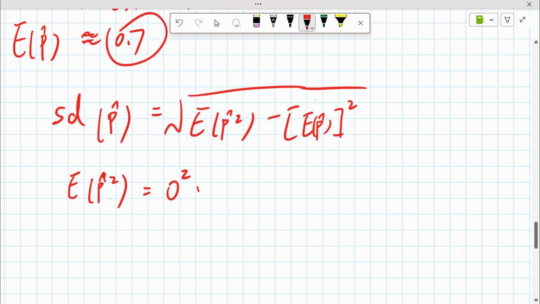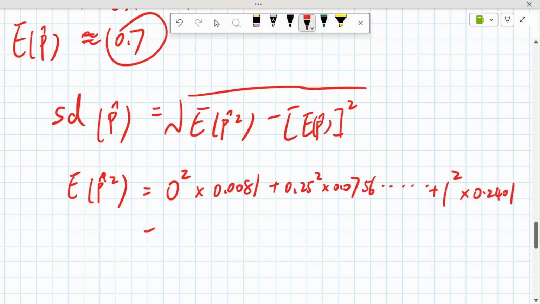That means 0 squared multiplied by 0.0081, plus 0.25 squared multiplied by 0.0756, and continuing to 1 squared multiplied by 0.2401, and that equals 0.5425.